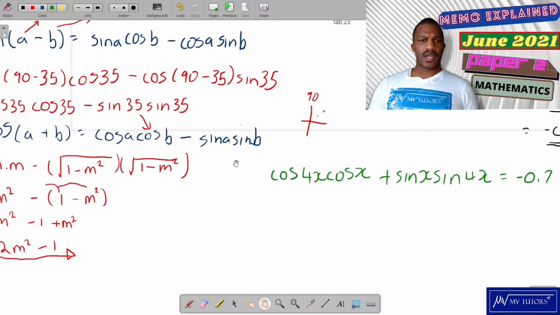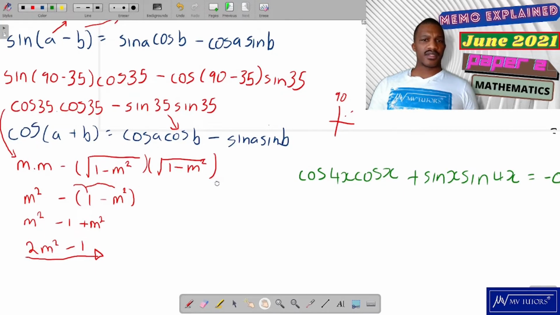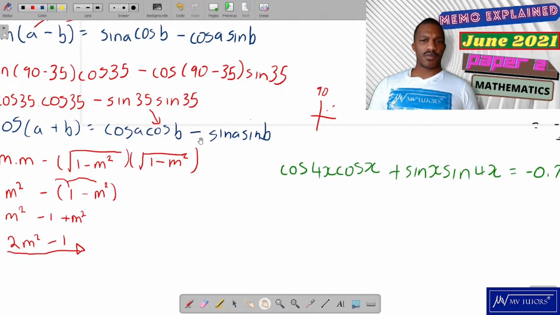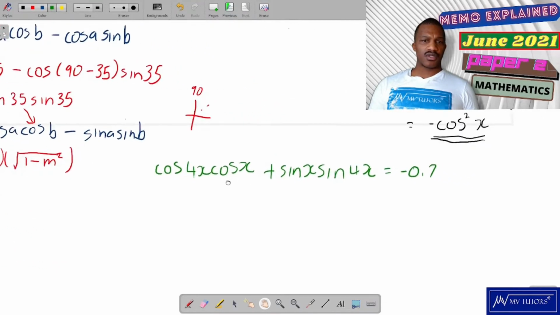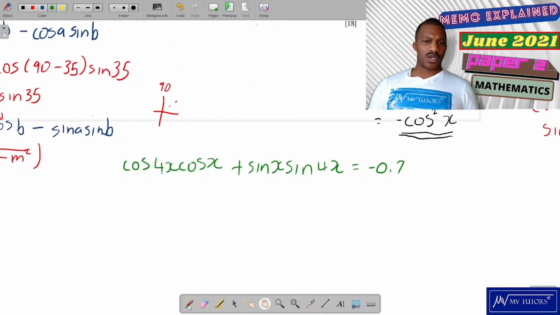Cos(A minus B), this sign is going to be positive there, which is the same as that. So this is a compound angle, and it's going to be equal to cos(4x minus x).